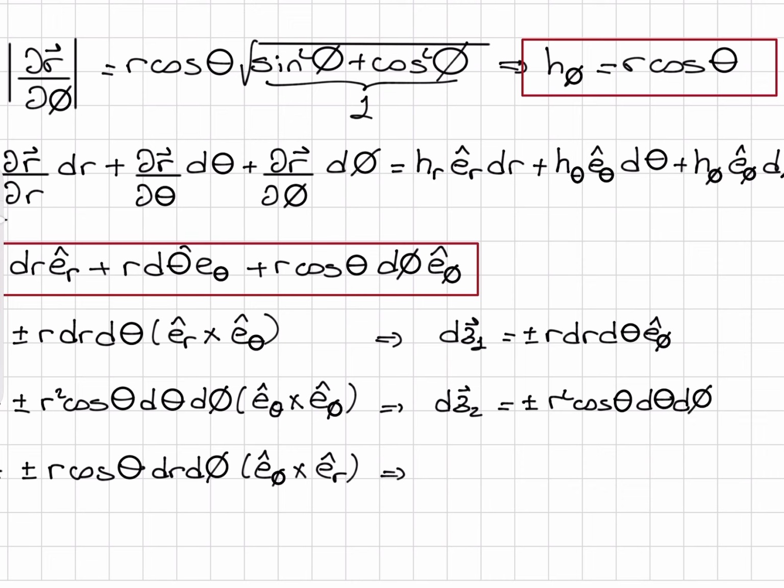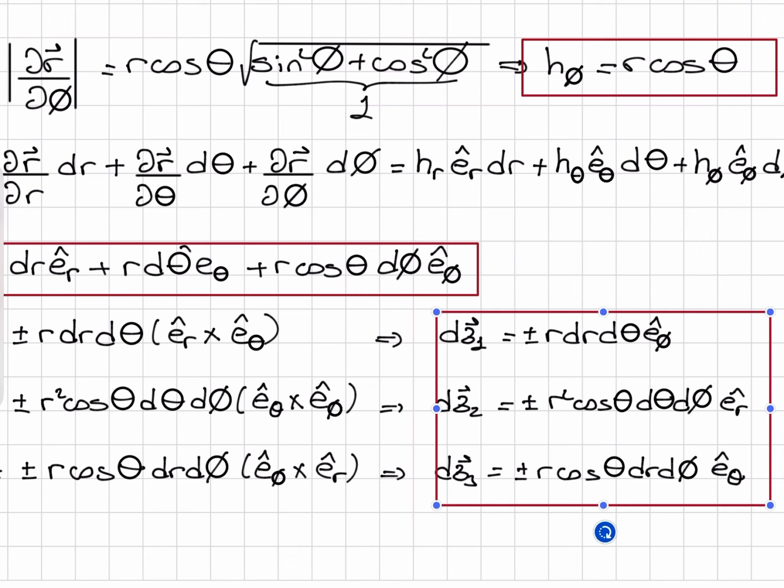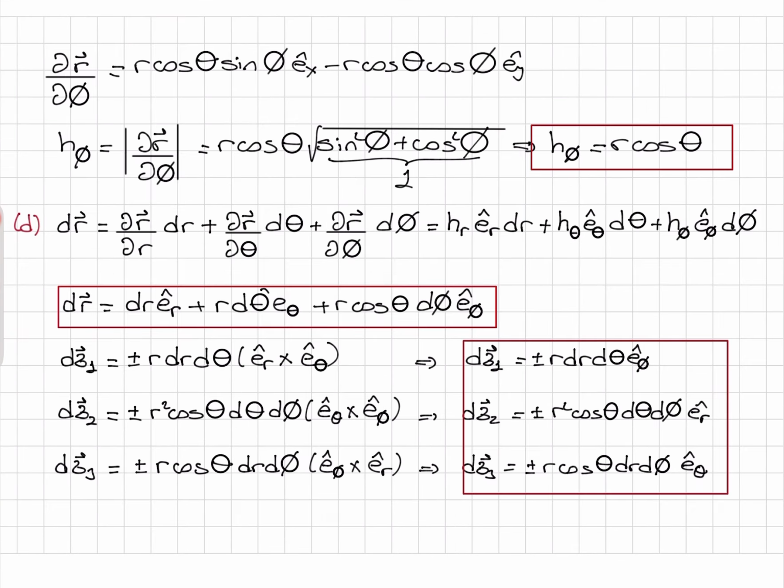Now r, theta, phi, so e theta hat cross e phi hat is er hat. And for d sigma 3, we have plus or minus r cosine theta dr d phi e theta hat.